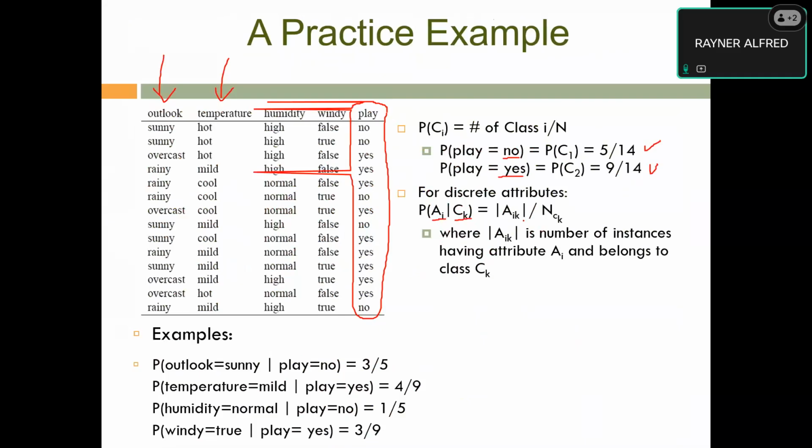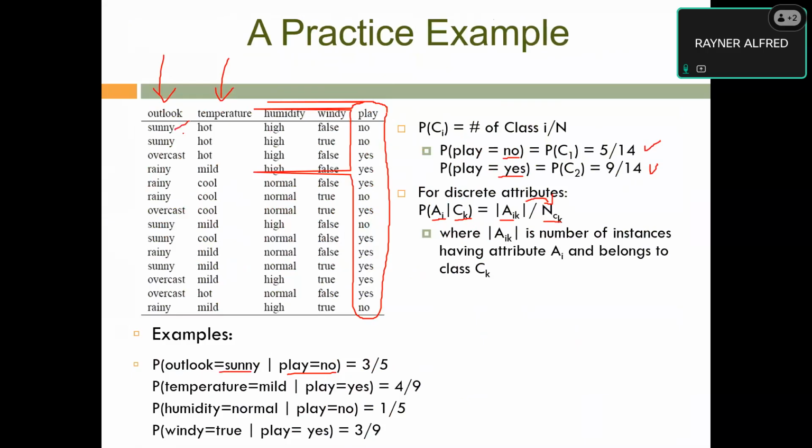So basically, you compute the number of a specific class, and then we take also the number of attribute that has this class. For example, given that we have play no, what is the probability of having outlook sunny?